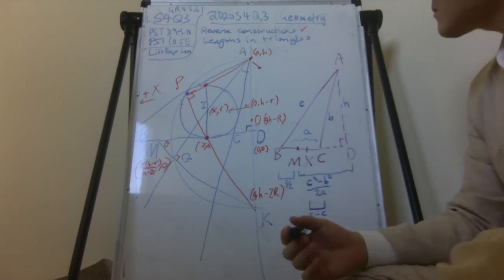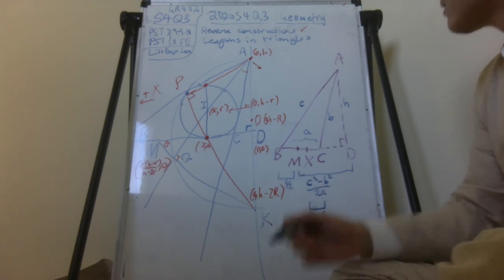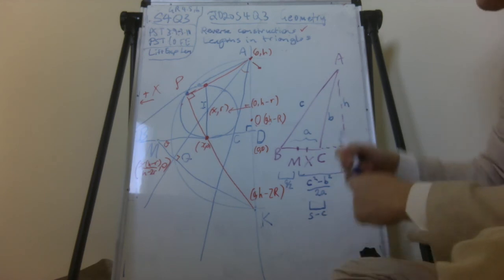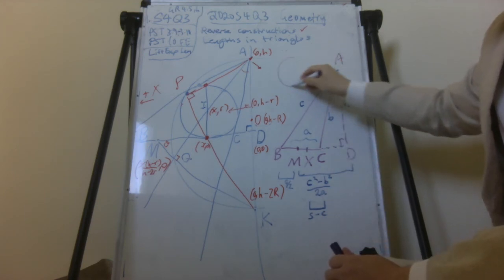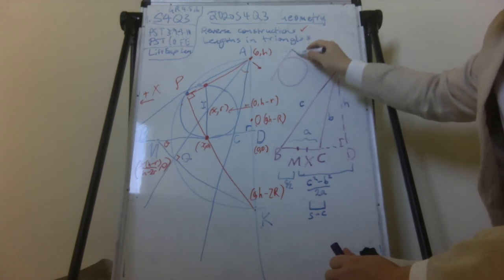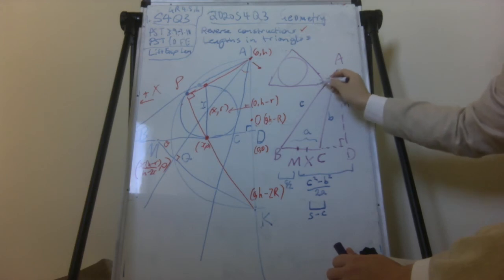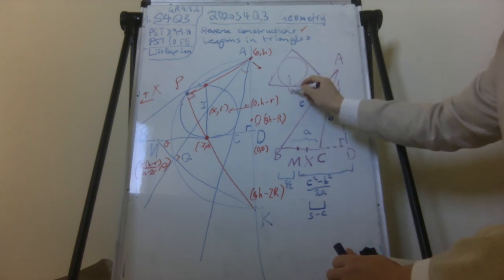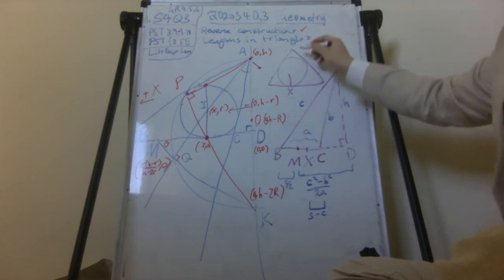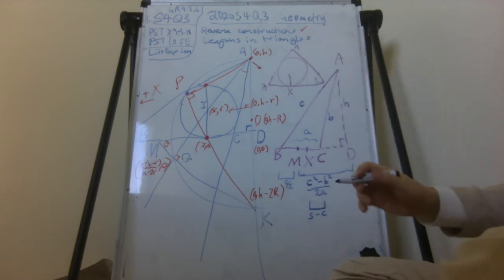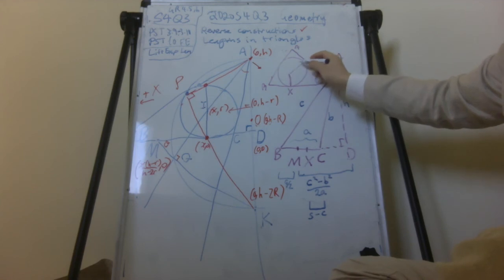So if you have a circle, it's in a circle, right? So that's going to be our X. This is A, B, C. So it contacts the points.